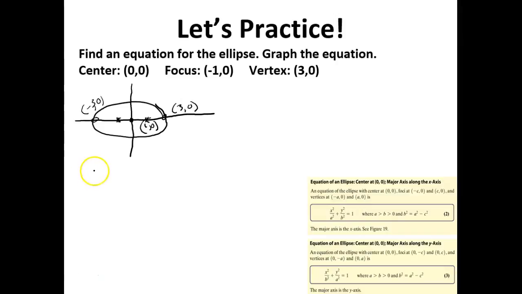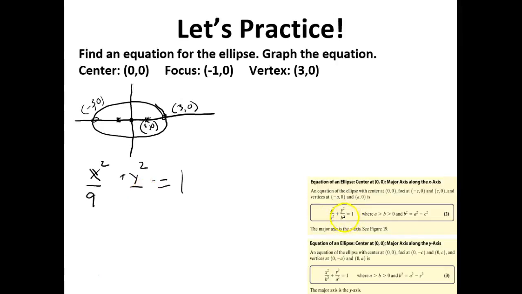The equation, I know this is elongated along the x-axis, so x squared plus y squared, these are going to be over something, equal to 1. Well, the a squared here comes from the vertex. So if I square this vertex, this is going to be 9. How am I going to get this right here though?